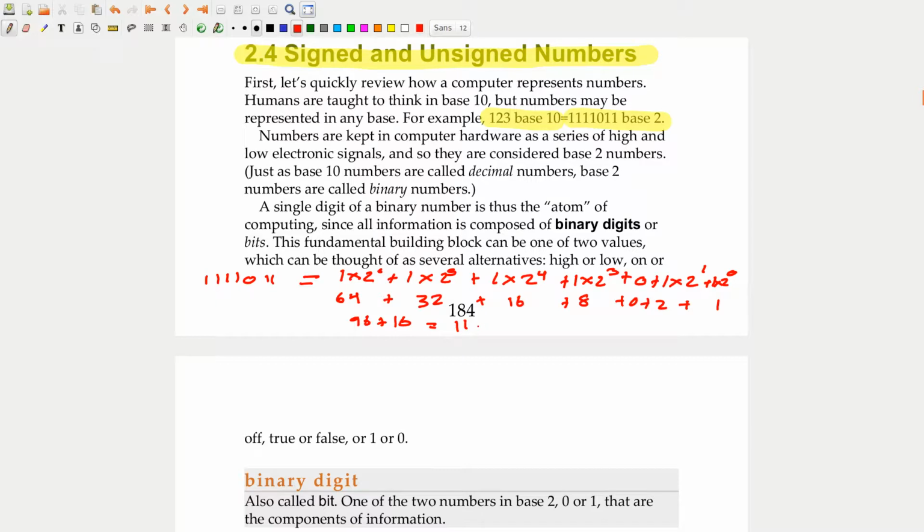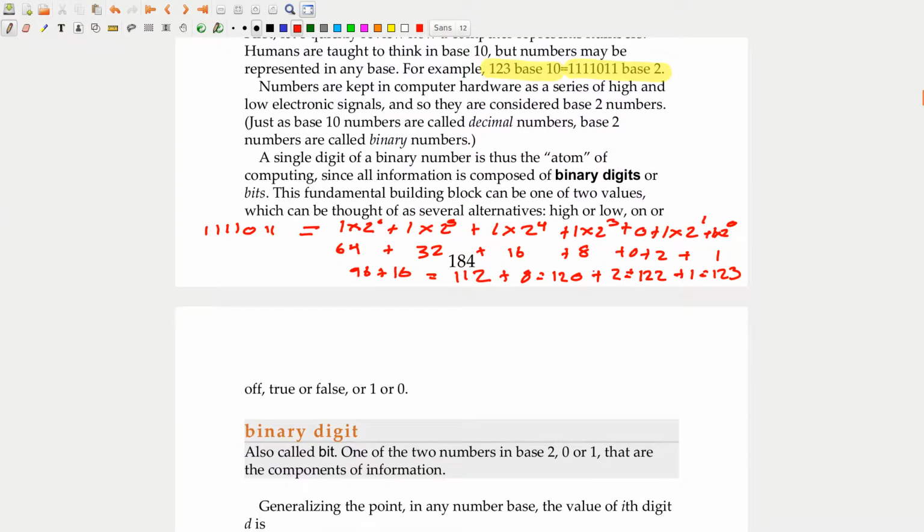Plus 8 is going to equal 120, plus 2 is equal to 122, plus 1 is equal to 123. So that's how you can go back and forth. So you can convert from decimal to binary, and it's fairly easy.